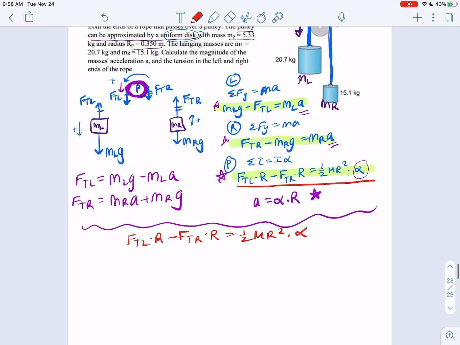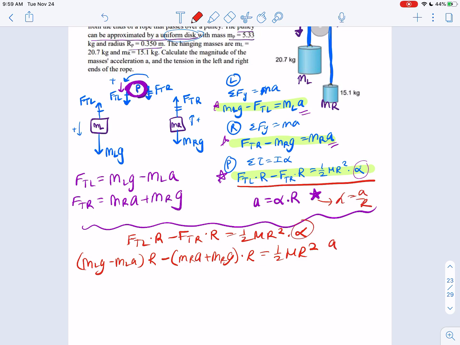So (MLG minus MLA) radius minus (MRA plus MRG) radius equals 1/2 mr squared, and then for my alpha I want to replace this with A over R, because that's going to get rid of my alpha.